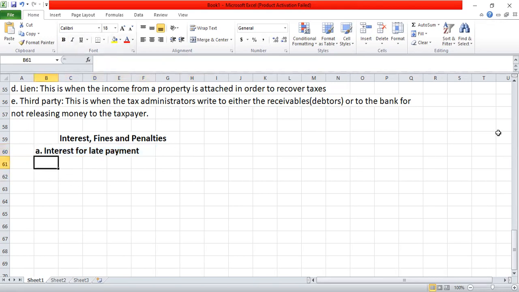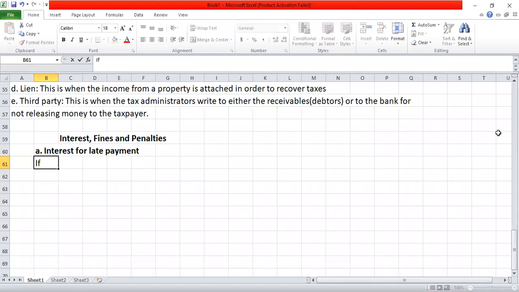So if a taxpayer pays tax late, you will be charged an interest of 1.5% per month, non-compounding. So you just look at the interest supposed to be calculated on the tax, and then you multiply by the number of months the taxpayer has delayed to pay that tax.